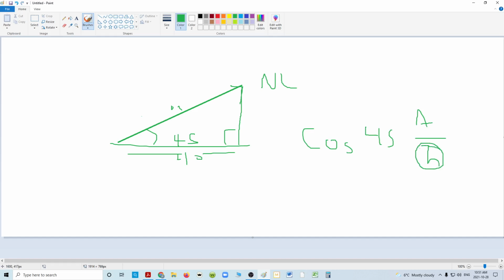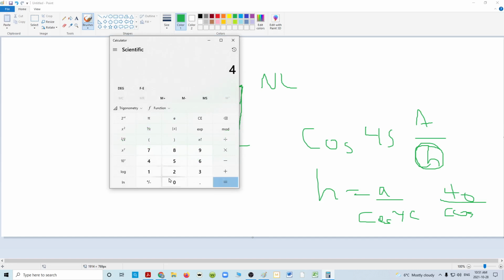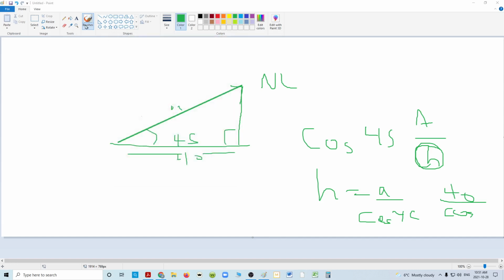Since we know the adjacent, you rearrange this, and the hypotenuse is equal to the adjacent over the cosine of 45. We know the adjacent is 40, and we just need to figure out the cosine of 45. Now this is just a made up value, so I'm not going to get the 50 we started with. But 40 divided by the cosine of 45, and you get 56 point something, 56.56.